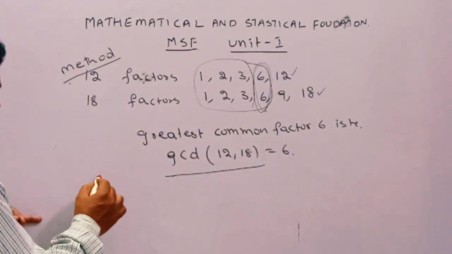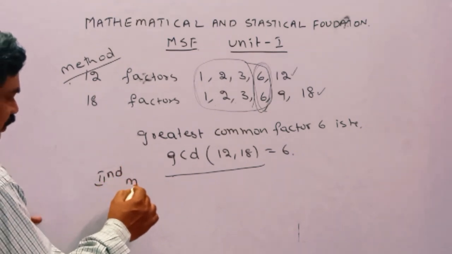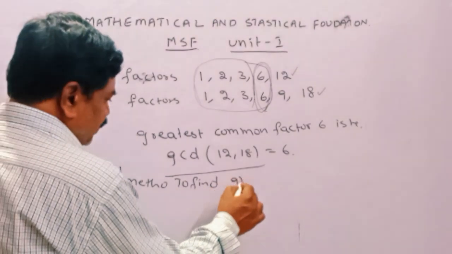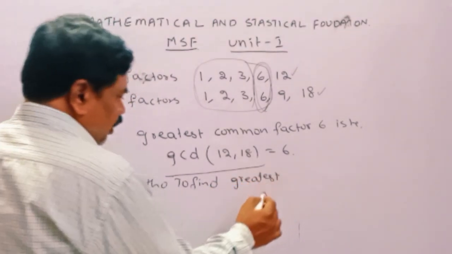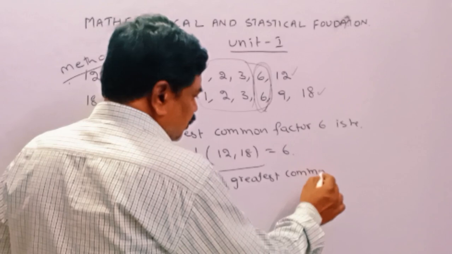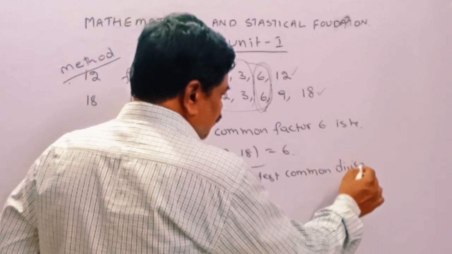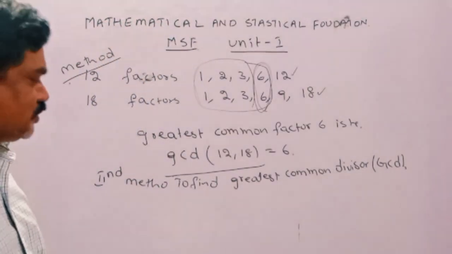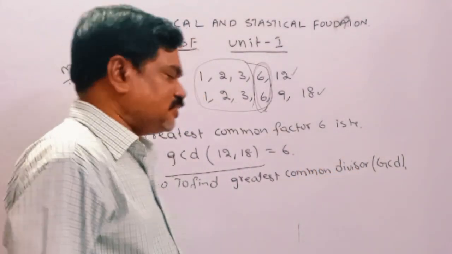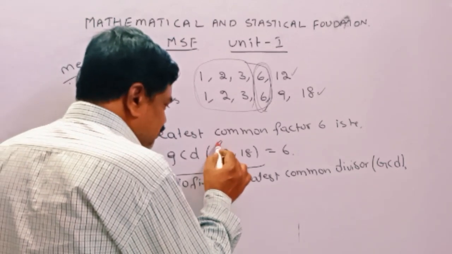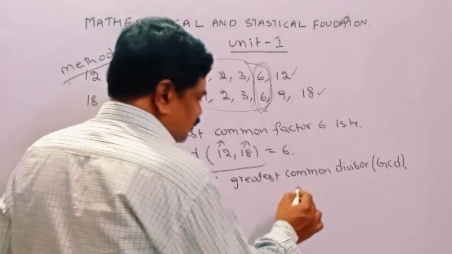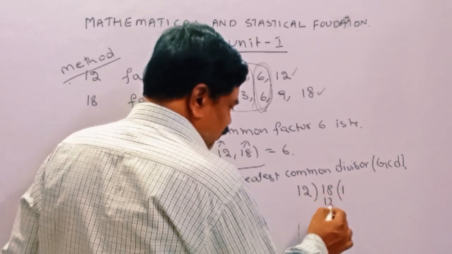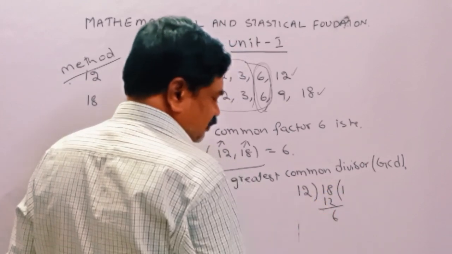So what is the second method to find the greatest common divisor, that is GCD? Finding the GCD is very important. So we have to find the GCD of these two numbers, 12 and 18. Dividing 18 by 12, the remainder is 6.